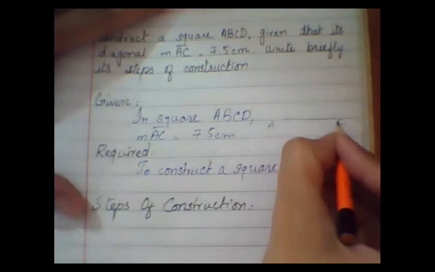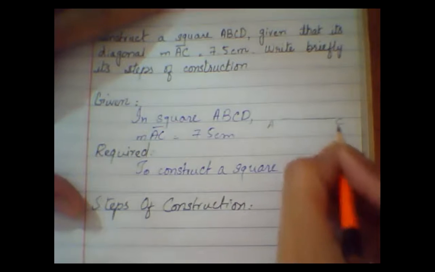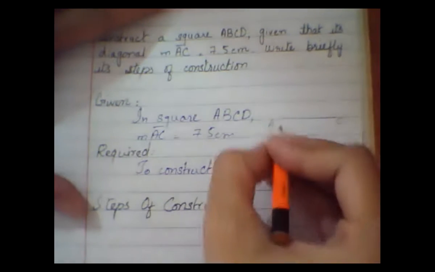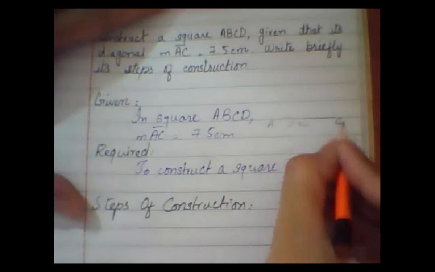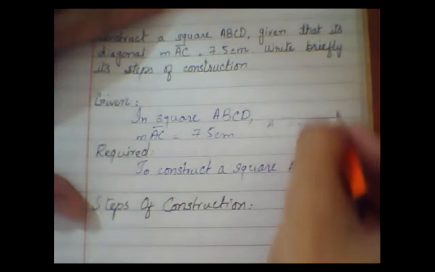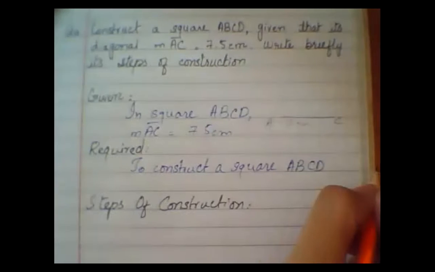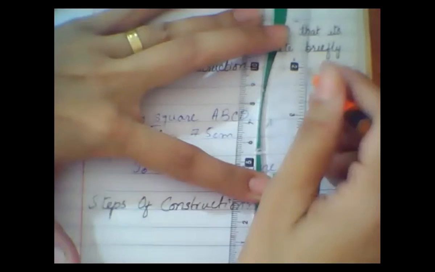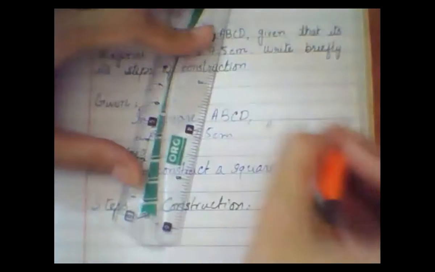If I write B over there, Ramla, my question will be wrong. I'll get 0 if I write B over here because the diagonal is given to you. So I have to draw measurement AC first, and then I have to draw a right bisector over there, between the center of my diagram, in this way, right?